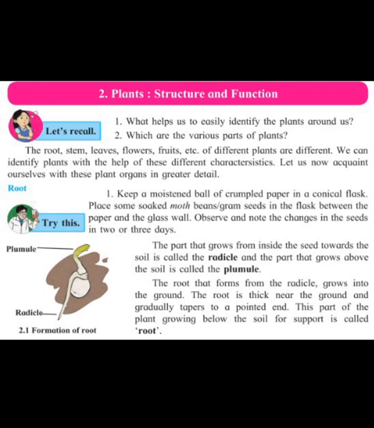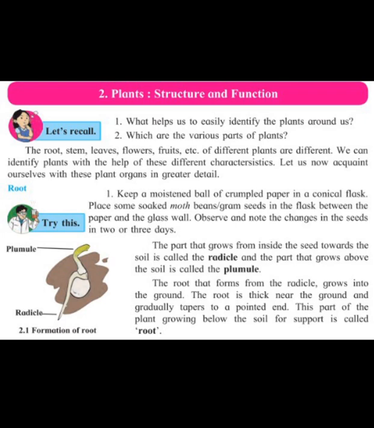Now, as you all can see in that image, there are two things: the top one is radicle and the below part is called plumule, right? Now we'll see what is radicle and what is plumule.